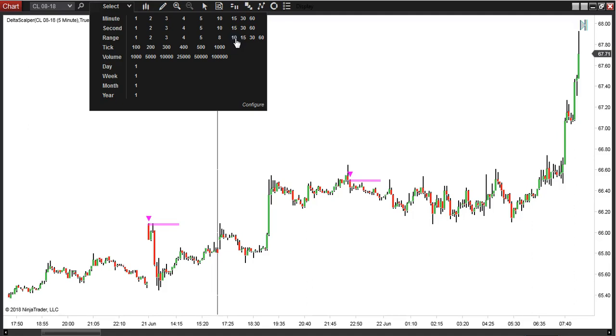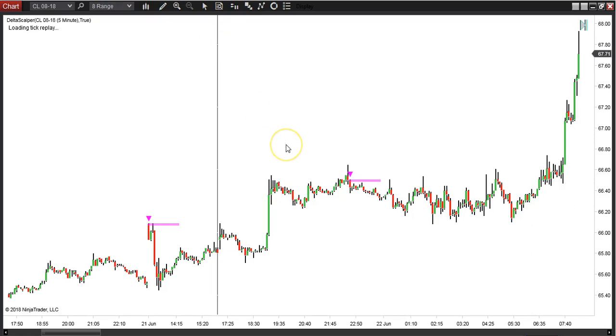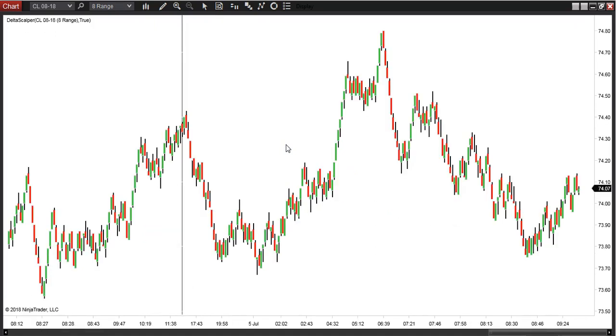Most grains I stick to a 4 range chart because it moves in quarters, and 4 quarters equals $1. But on crude, I prefer an 8 range chart because it's a little bit more volatile than some of these other markets like grains. But again, it comes down to what you're comfortable with.